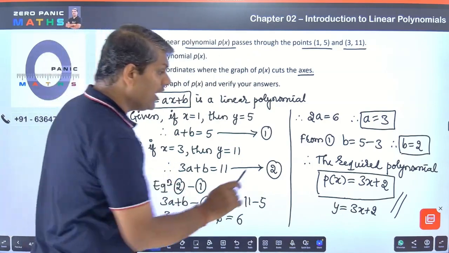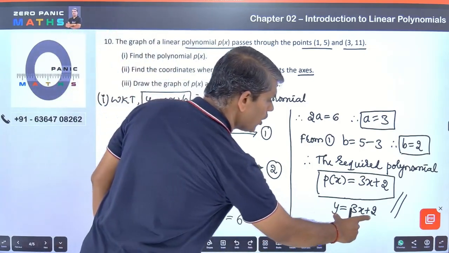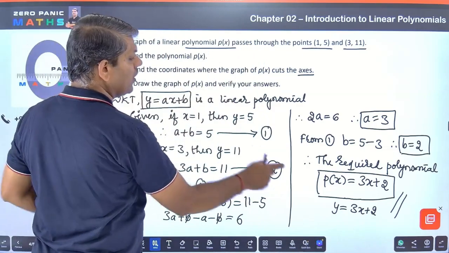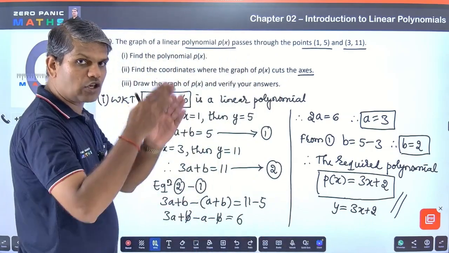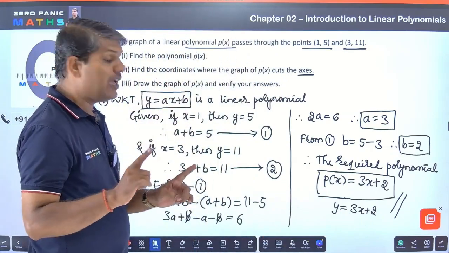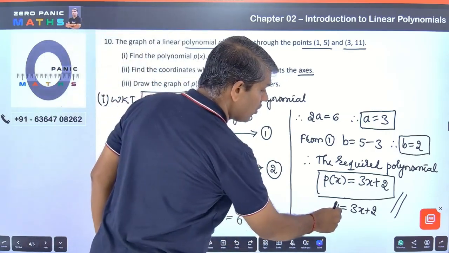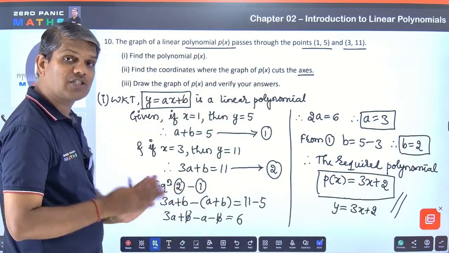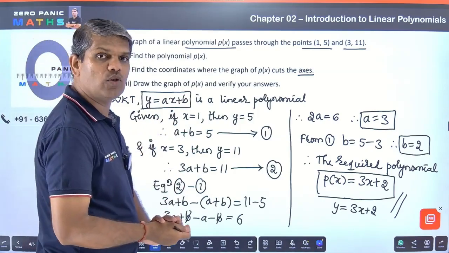So let us first theoretically find out those coordinate points, and then finally draw the graph for y is equal to 3x plus 2. We will draw the graph and verify whether the points where the x axis and y axis are cut, the intersections, are graphically the same values or not.